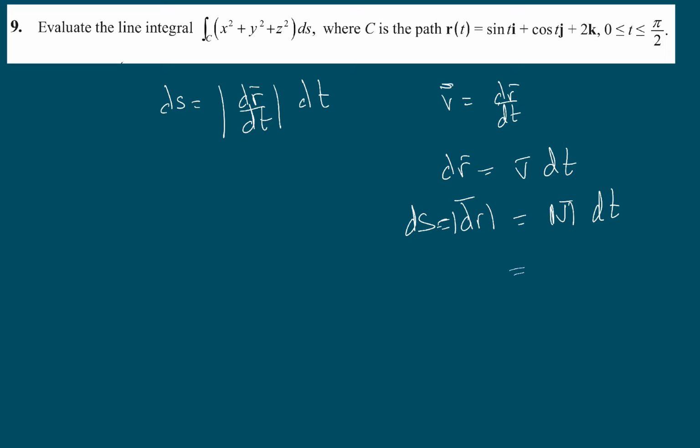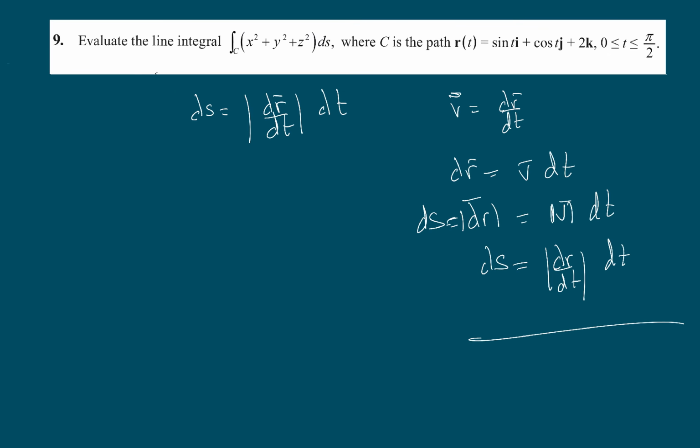So it's the magnitude of the derivative of r with respect to t times dt. This is ds. So we found who is ds, and we need to work with this integral. So who is ds? Let's find who is ds. First of all, who is dr/dt?